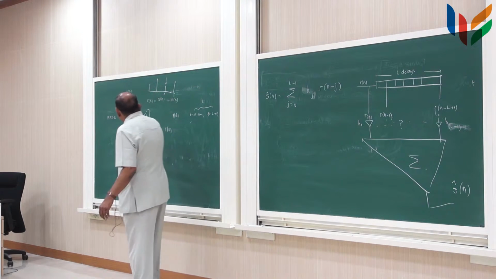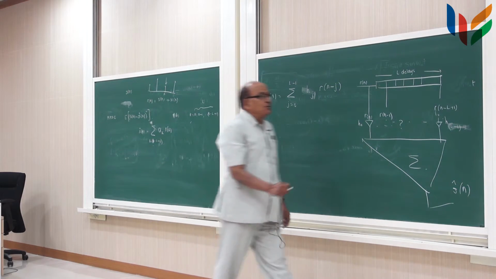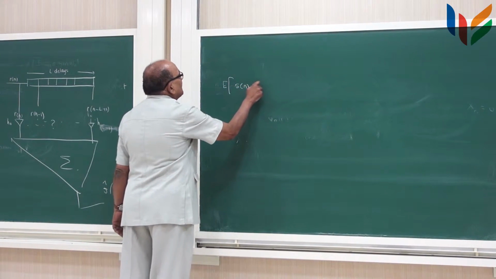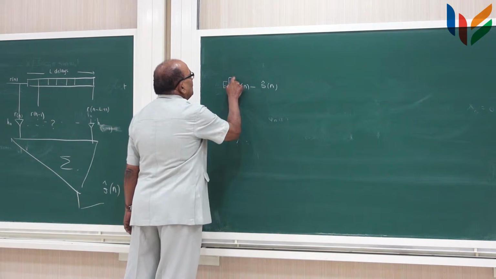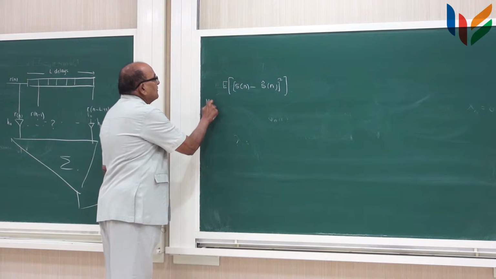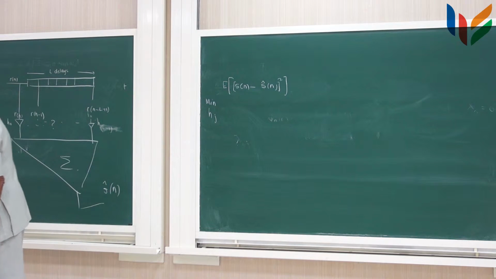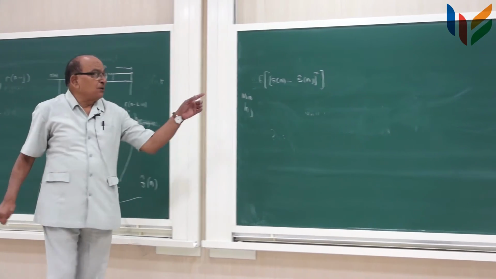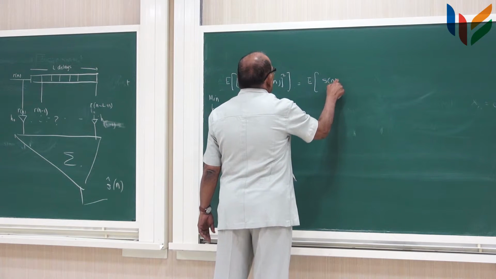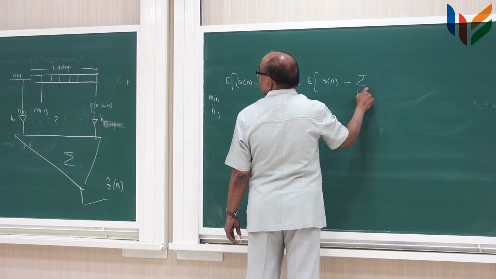Very clear, because my measure is this. So, you write down the expected value of Sn minus S cap n whole square, and minimize this by choosing the Hjs. So, write down this expression.